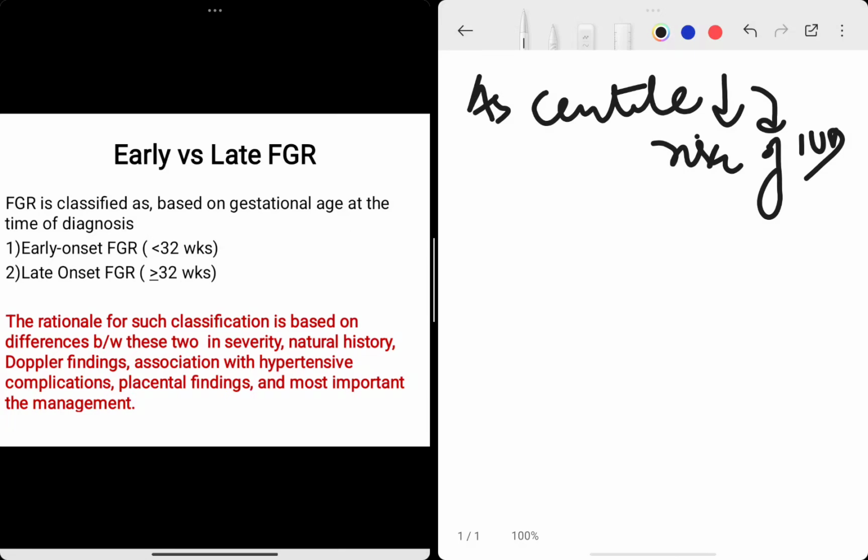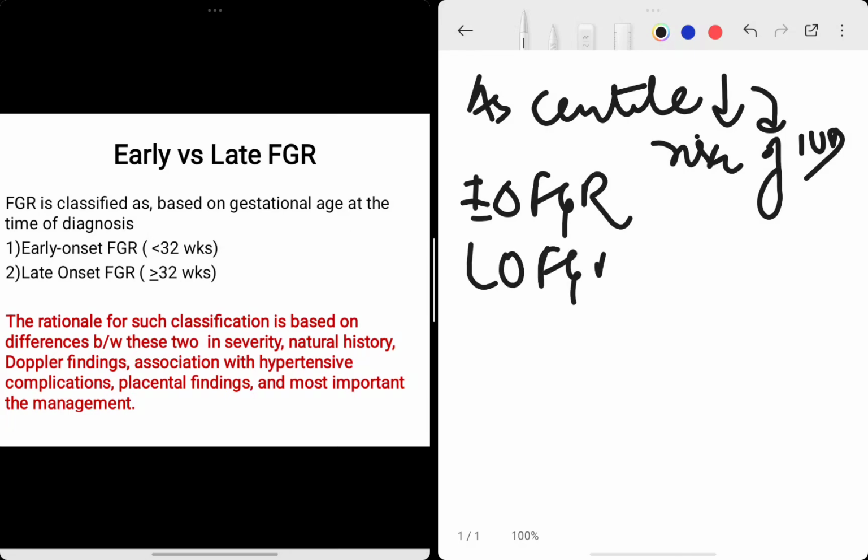Now there are two terminologies, that is early onset fetal growth restriction and late onset fetal growth restriction. This terminology depends on the gestational age.